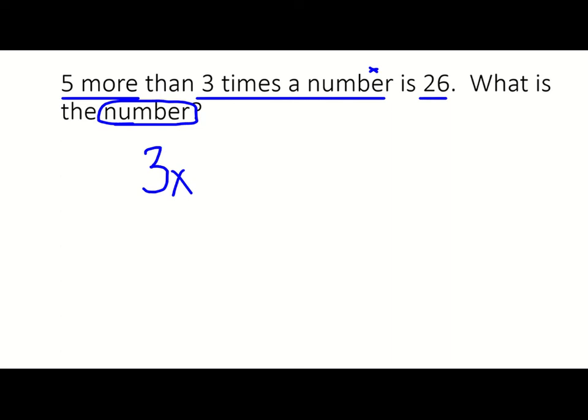And I need 5 more than that. So think about if I have 5 more, I'm adding 5, and that would equal 26. So we basically have 3 times some number x plus 5 more equals 26.